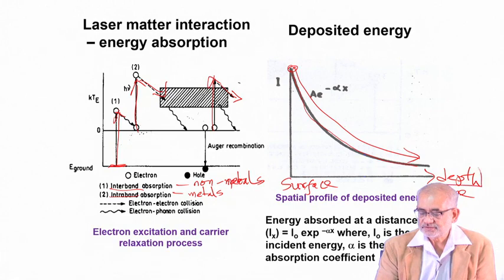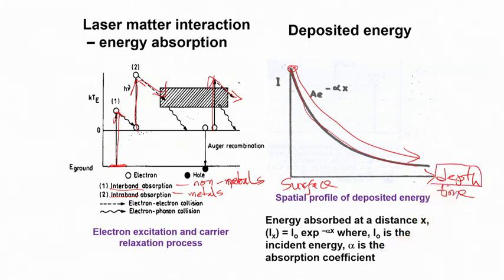Now what is important is that at the surface I have the highest heating effect, and down below the heating effect decreases, and below a certain depth the solid remains at room temperature. So only a very shallow depth from the surface gets heated up to very high temperature. This is intensity. Obviously the temperature will be proportional to the intensity of the energy coupling.